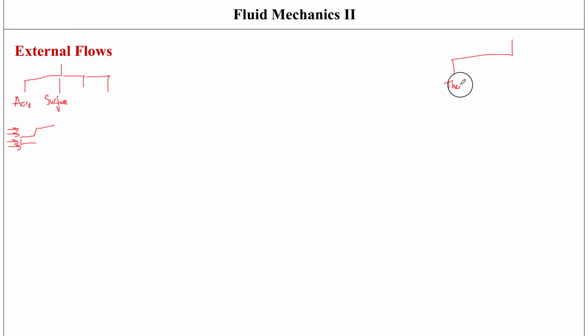That is the first approach. And then we could have a completely numerical approach to solving the governing equations. Or we could have the experimental approach. So these three approaches we could use to solve for the external flow governing equations.